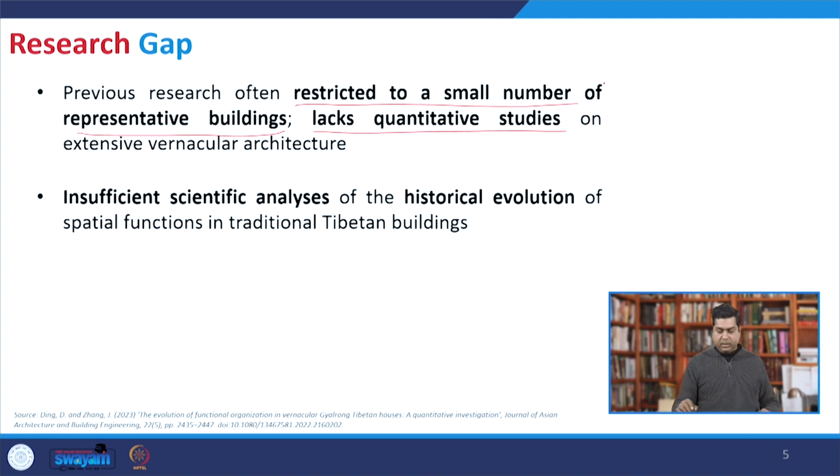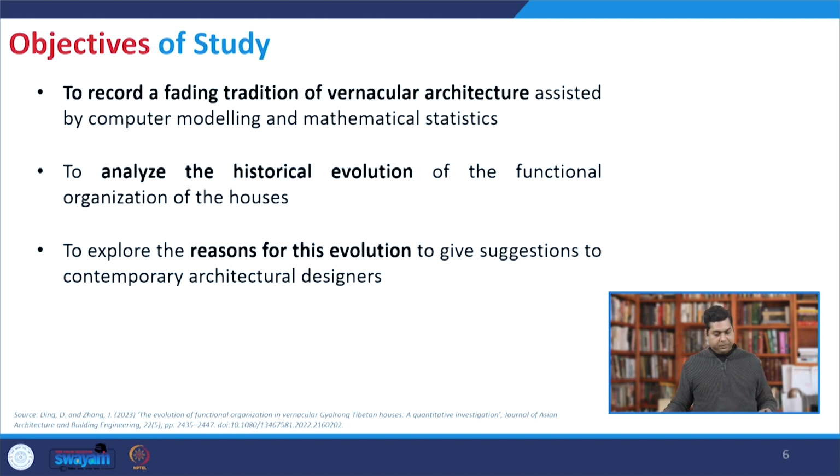So these are the limitations and research gaps that the authors have identified. There was also insufficient scientific analysis of historical evolution, of how it transformed from a smaller unit and how the functional areas changed. The authors identified that gap and then approached this particular study.